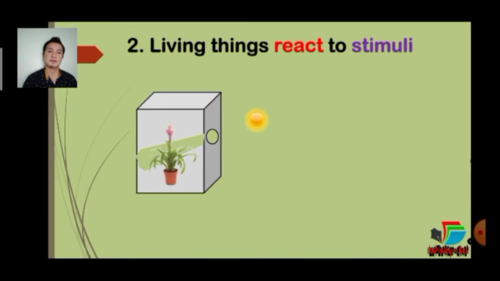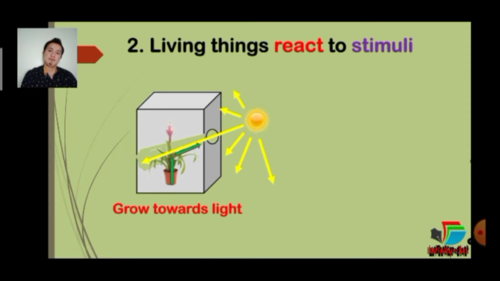When the sun shines on this box, some light goes through and some light stays outside. What happens after some time? The plant will grow towards the light. When the plant grows towards the light, we call this reacting.